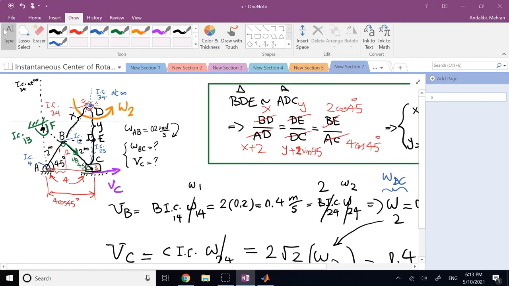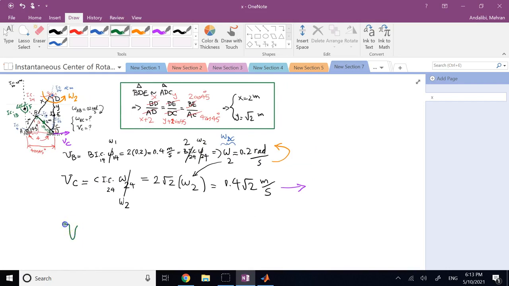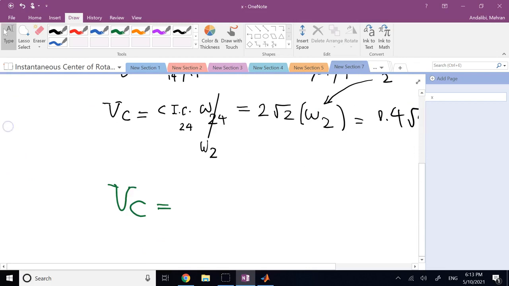Can I also find velocity of C through the distance of C to this center? So can I say that velocity of C is equal to the distance it has to the center, which is point C to F, basically, correct? Distance CF.